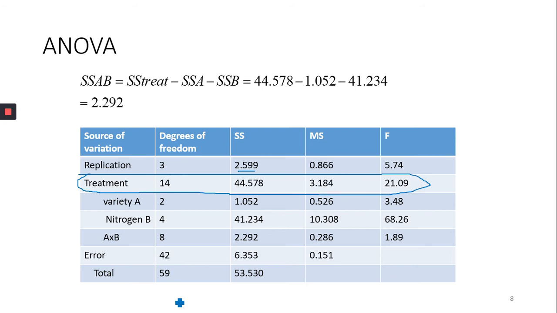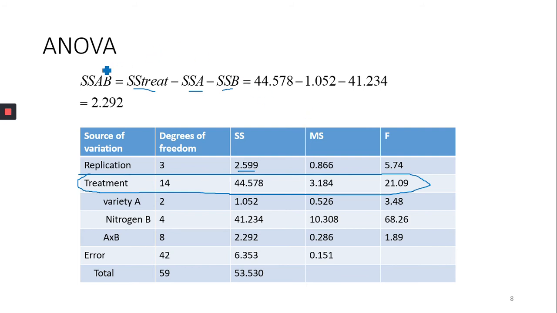But importantly, SSAB, which is the interaction, is equal to SS treatment minus SSA minus SSB. This is important. The interaction between two factors is equal to SS treatment minus SSA minus SSB. There are so many ways of calculating. So once you are able to get the sum of squares due to treatment, you just subtract the sum of squares due to one of the factors and the sum of squares due to the other factor, and you get the interaction of those factors.